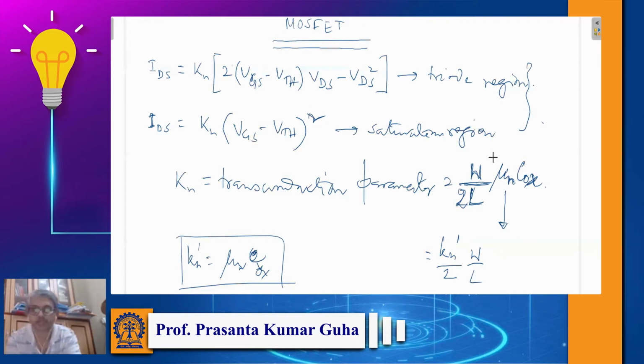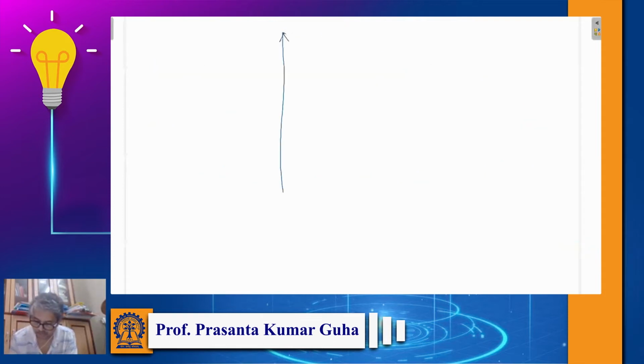If I draw the MOSFET characteristics, that is IDS versus VDS, you remember we plot for different values of VGS.